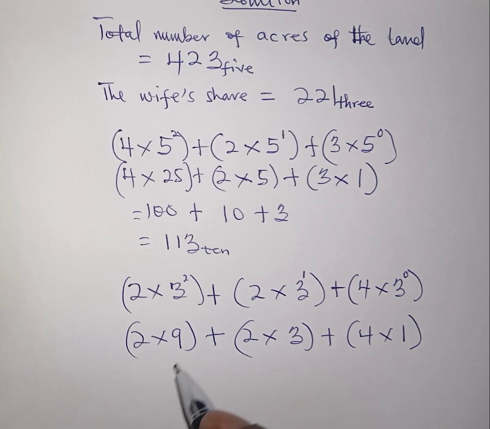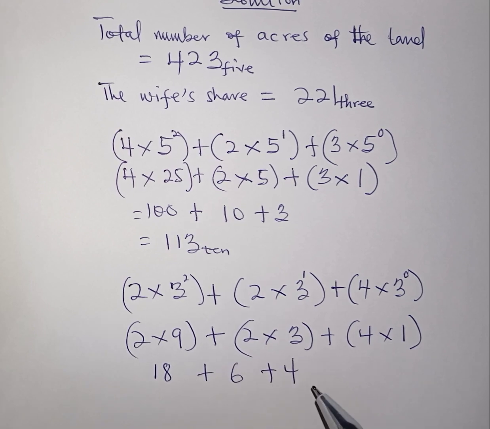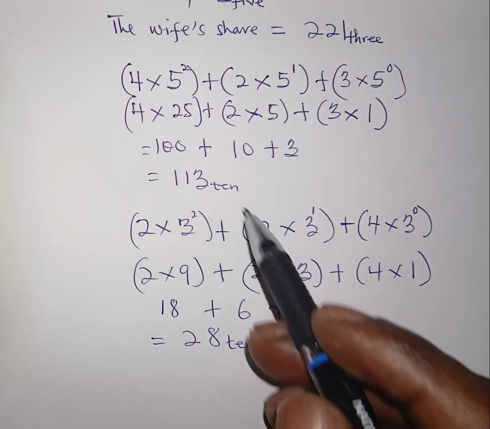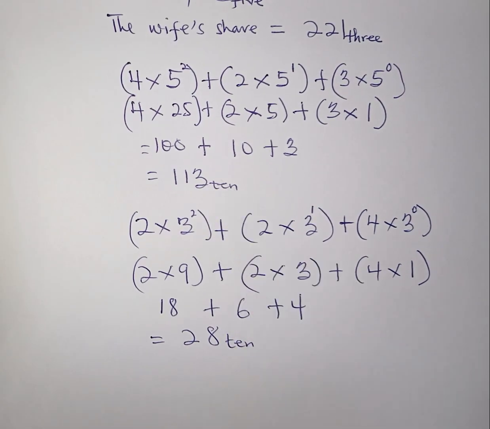So 2 times 9 gives us 18, plus 6, plus 1. This gives us 28 base 10.